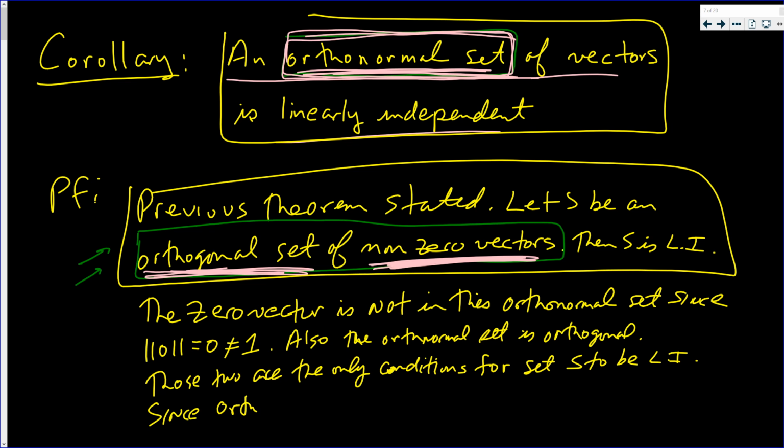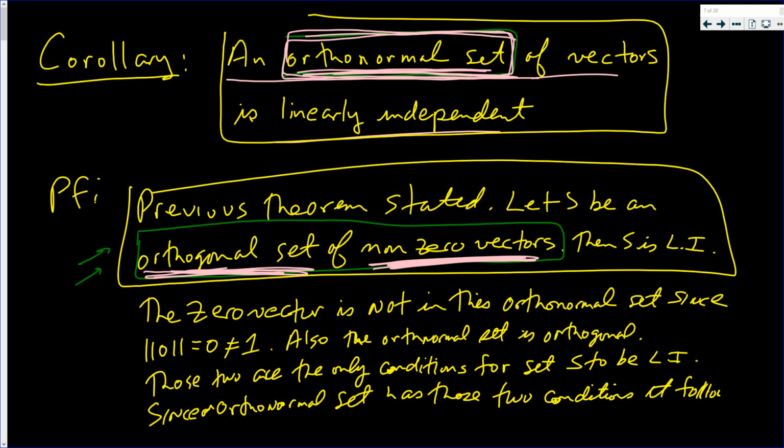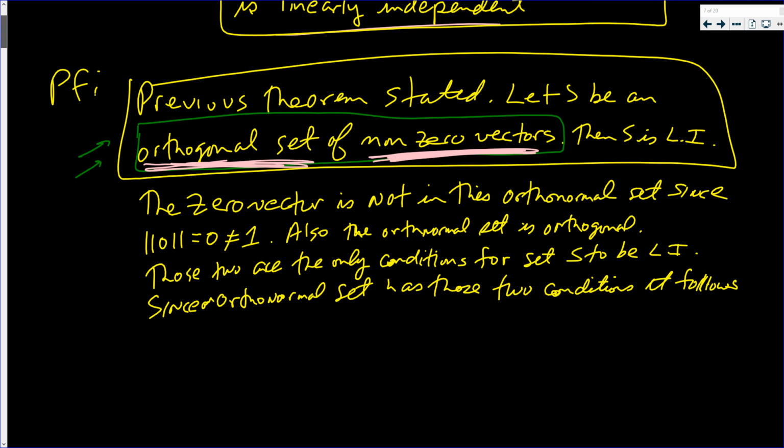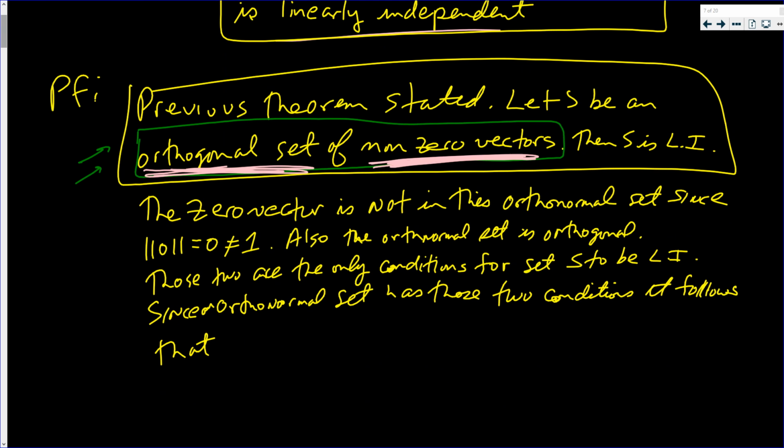Since an orthonormal set has those two conditions, it follows immediately. It follows that an orthonormal set of vectors is linearly independent.